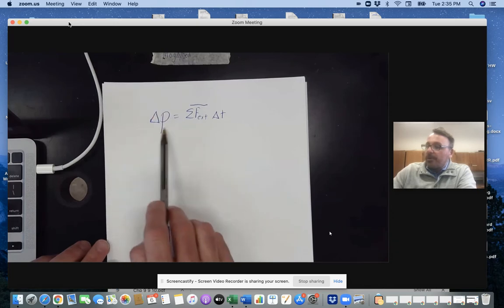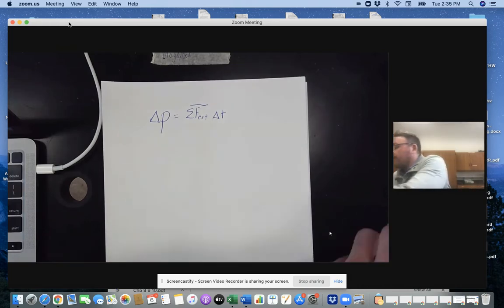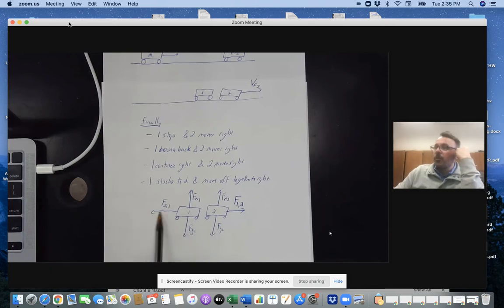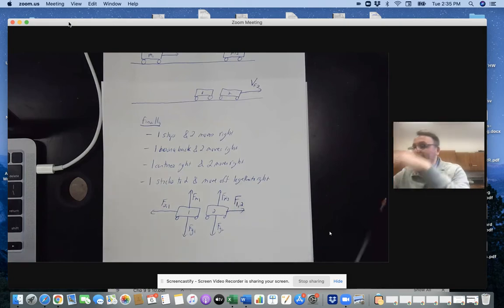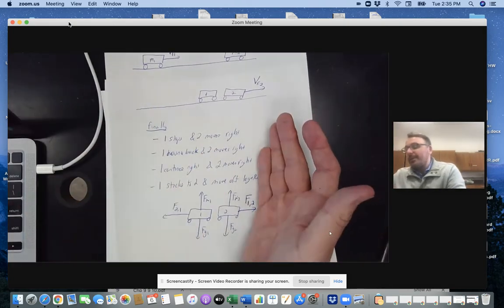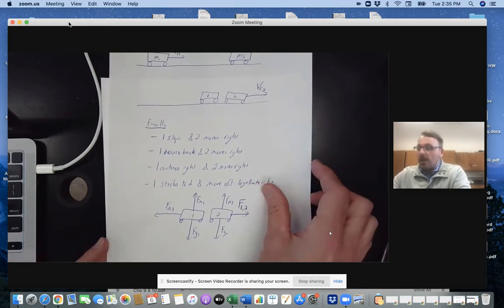Notice here the impulse is equal to the net external force times average force times the time. Now, going back to here, the net external force on object 1 is this force. The net external force on object 2 is this, if I consider the system to be object 1 or object 2. And that makes sense because both of these objects change their momentum.